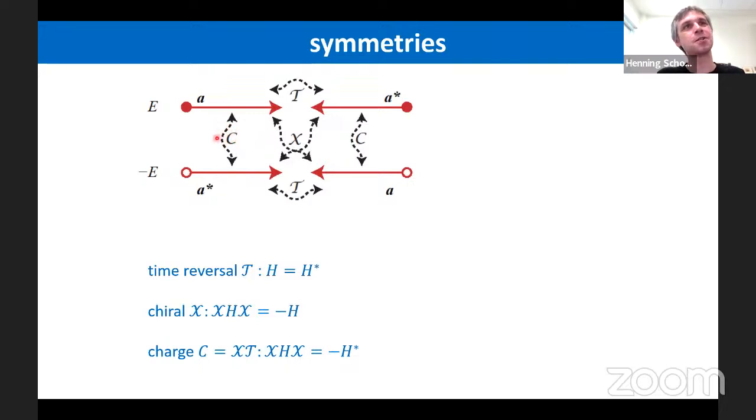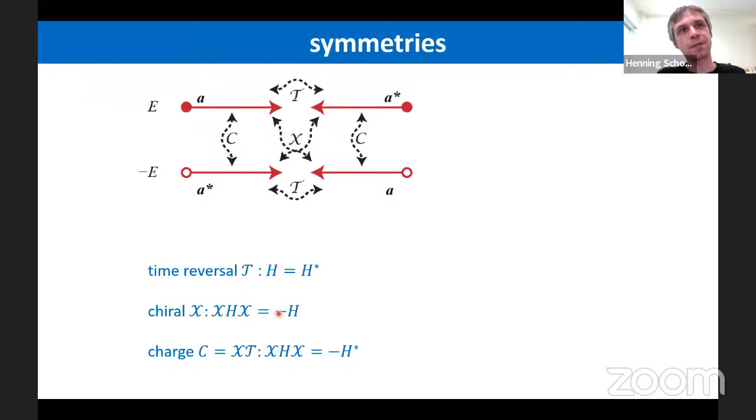So this charge conjugation symmetry, this is just the product of these two, and it actually takes a particle at one energy and sends it in the same direction, but at the negative energy. So mathematically, often we think of the time reversal symmetry as a complex conjugation.